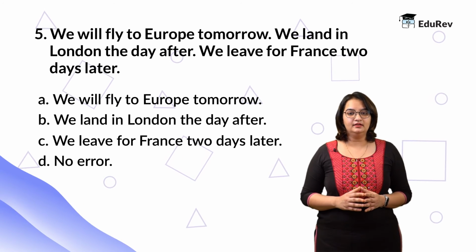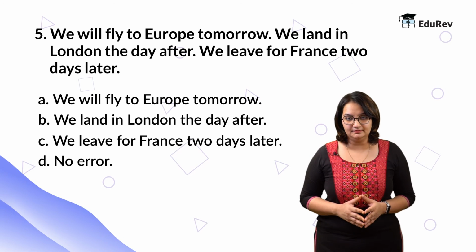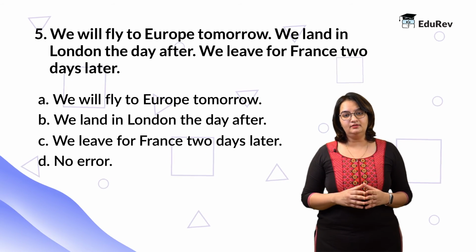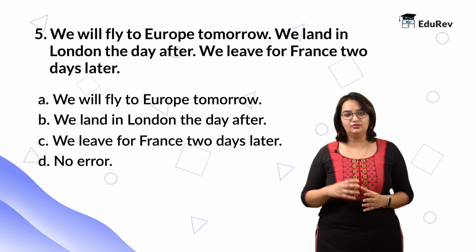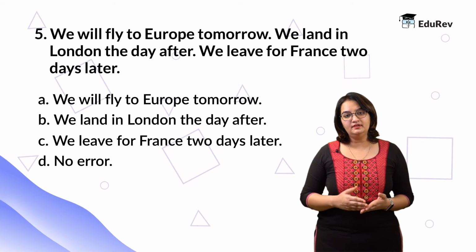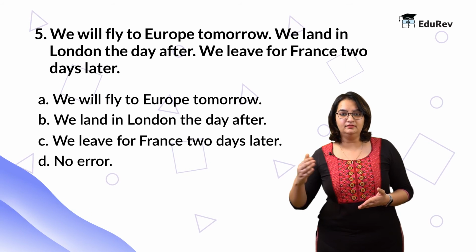Option D. So here there is no grammatical error, because the first statement is establishing that we are going to fly to Europe tomorrow, and therefore we have already told that whatever is coming next is going to happen in future.